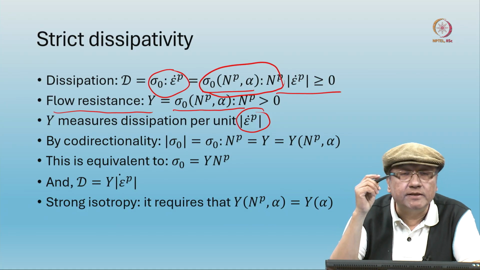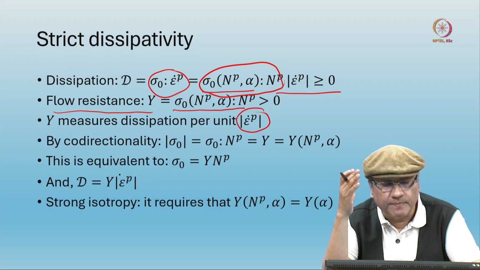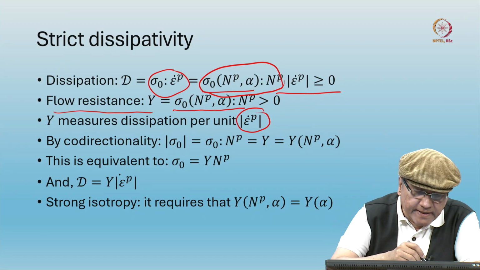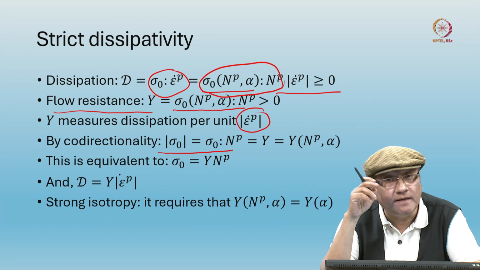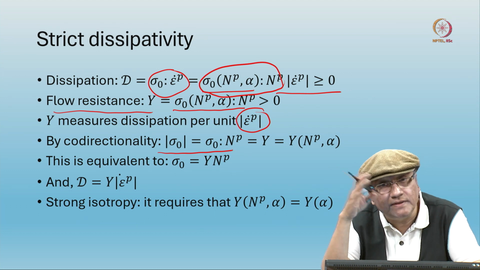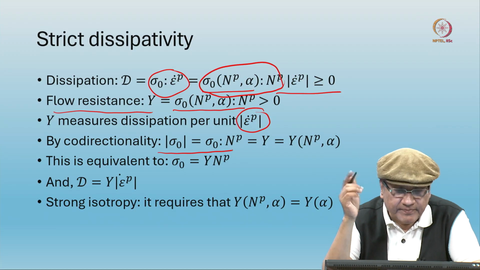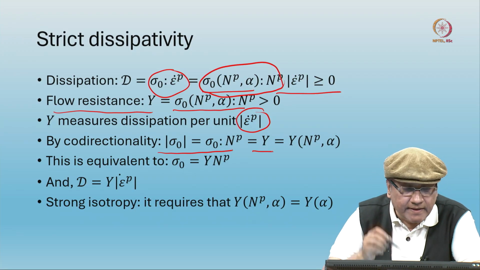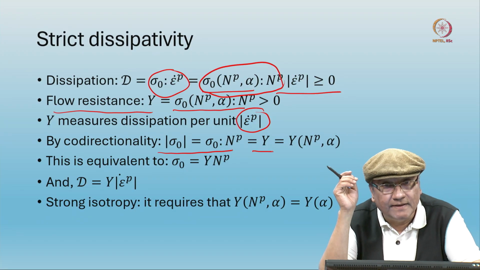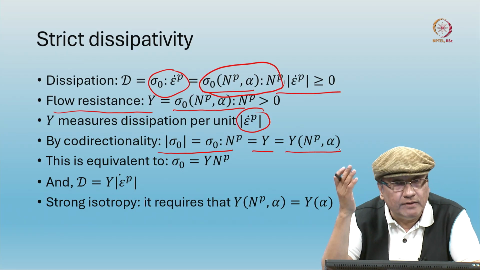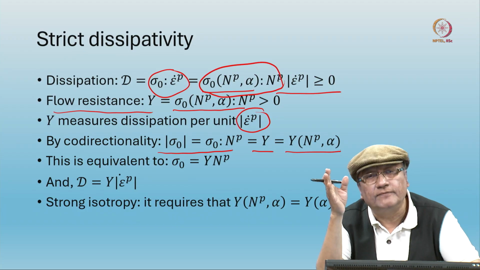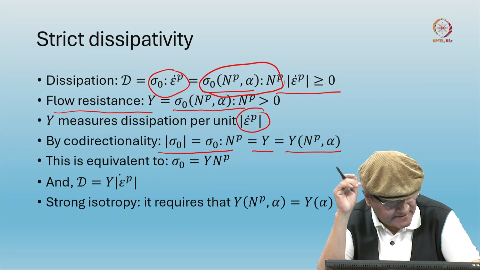So, by co-directionality of deviatoric stress with the plastic strain rate, we can also say that the modulus of sigma 0 is nothing but the inner product of sigma 0 with the plastic flow direction. But this we have already called the flow resistance Y. So, we can say therefore that Y is a function of NP, which is the plastic flow direction, and alpha, the hardening variable, if they are present.